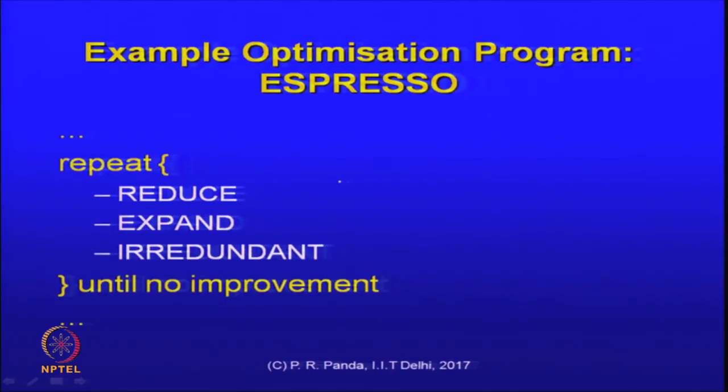You perform reduction, you perform expansion, and in the process maybe an implicant got dropped. That irredundant step might result in what we called an irredundant cover. That is, you can't drop any more implicants from there and still manage to cover the function.